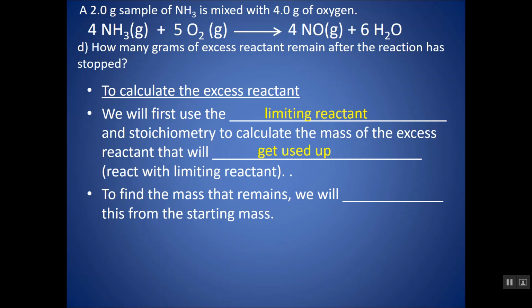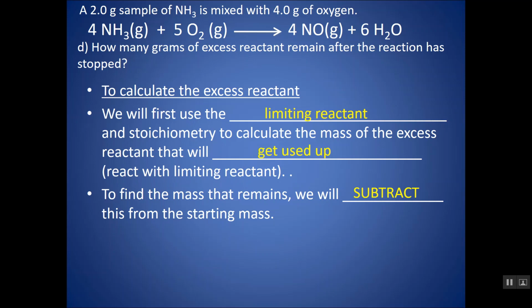How much would get used up. Then you can subtract that amount from the starting mass, and that's how much would remain in the container. And I always suggest make sure you read the problem. Are they asking how much excess remains? That requires a subtraction. Or are they asking how much reacts? Then you don't need that extra step.